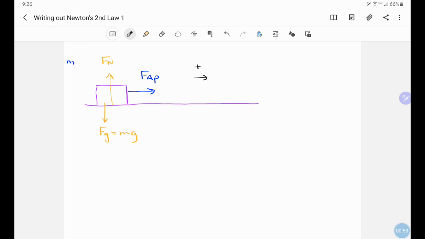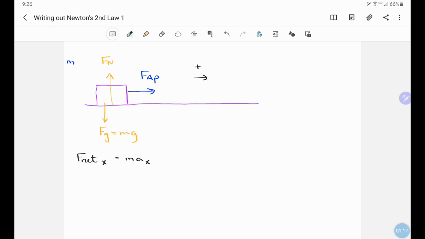So I will start off by looking at the net force in the x direction, which is equal to max. Now, this object is moving under a constant applied force. There is no friction, so based on those things, I can assume that there will be an acceleration.